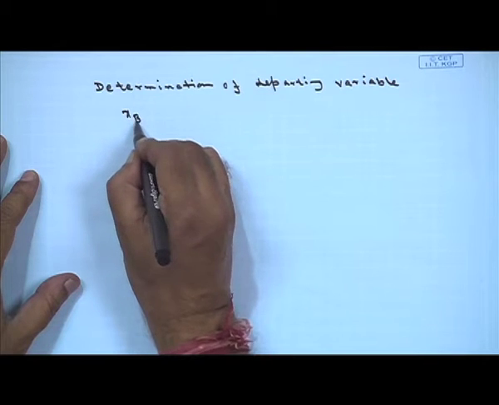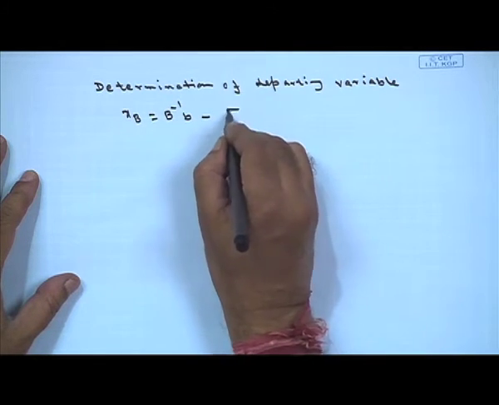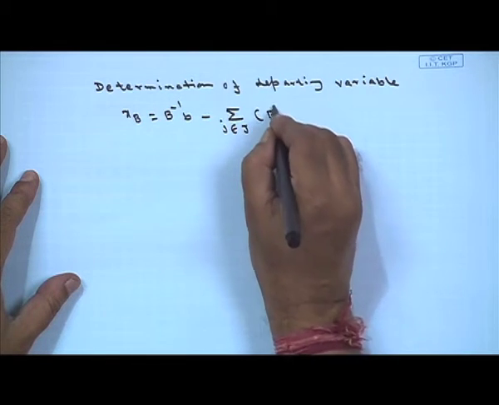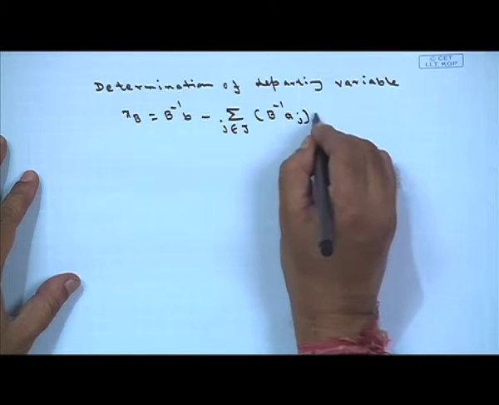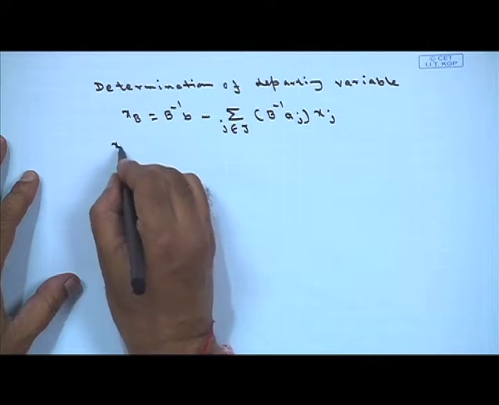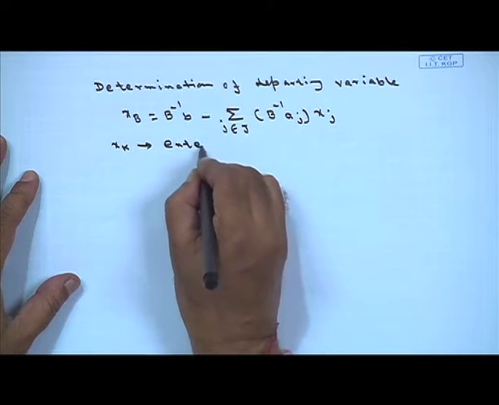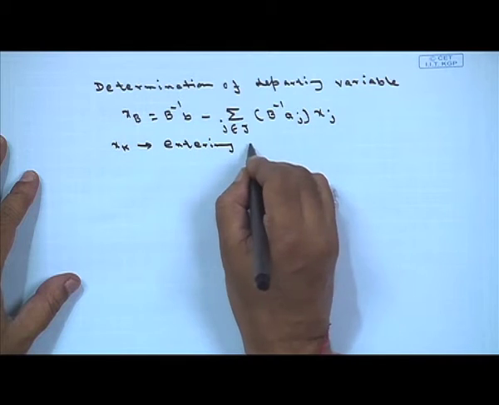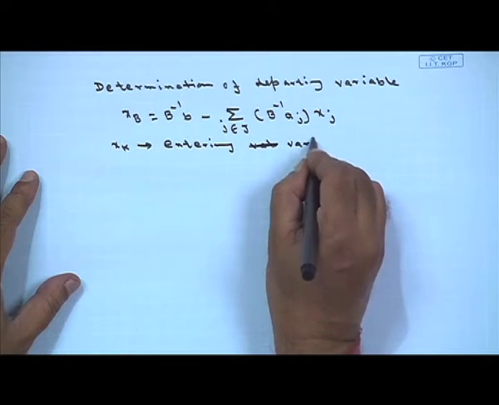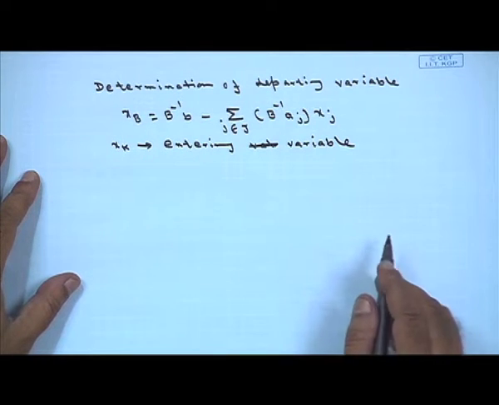You know your xB is equal to B inverse b minus summation over j belongs to J of B inverse aj into xj. Now, suppose xk denotes the entering variable. So, first I am choosing which one will be the entering variable. I am choosing xk as the entering variable.